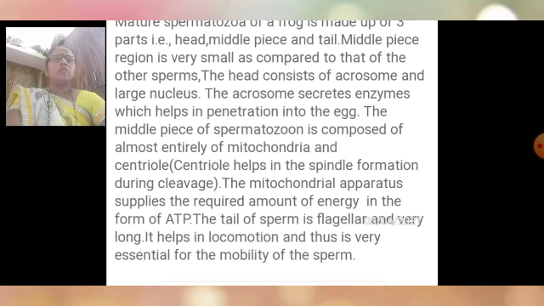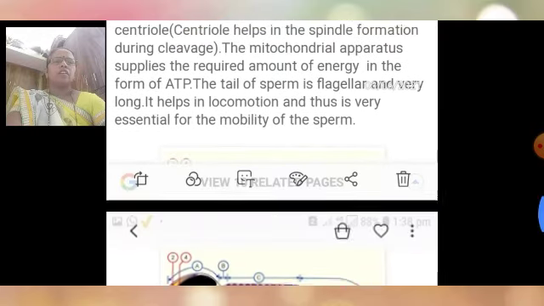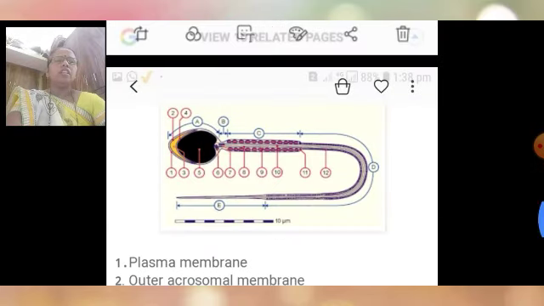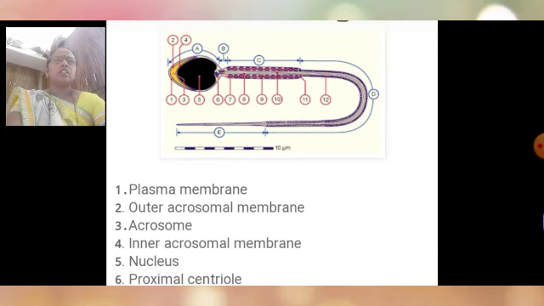The tail of the sperm is flagellar and very long. It helps in locomotion and thus is very essential for the mobility of the sperm. Also in the figure, we see the sperm structure.